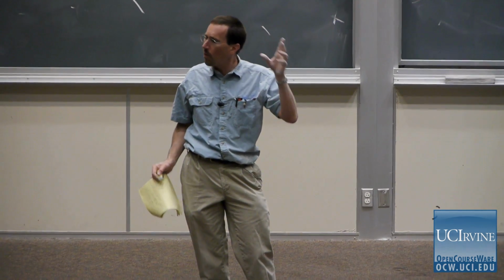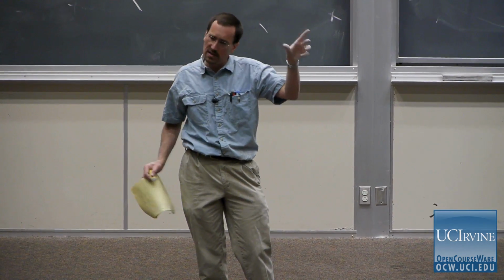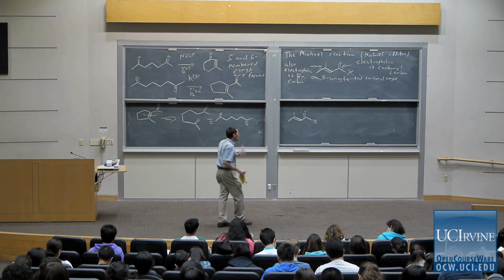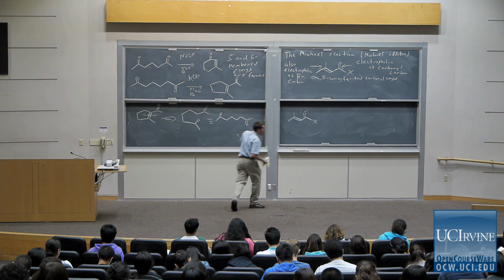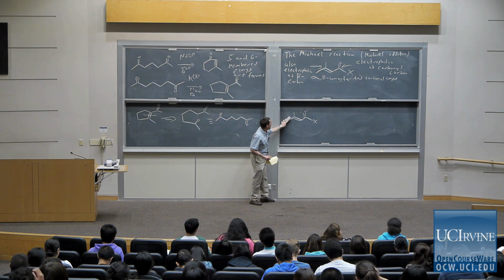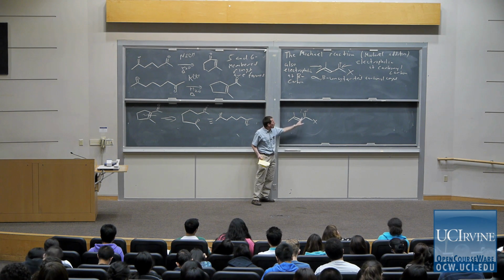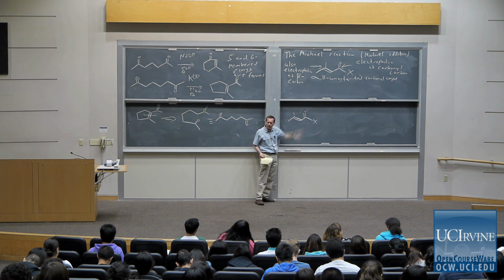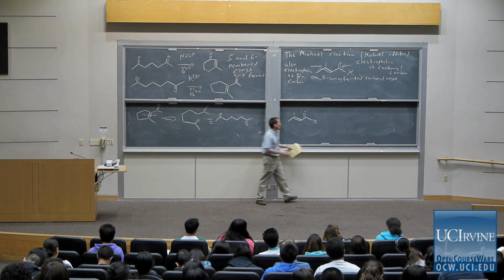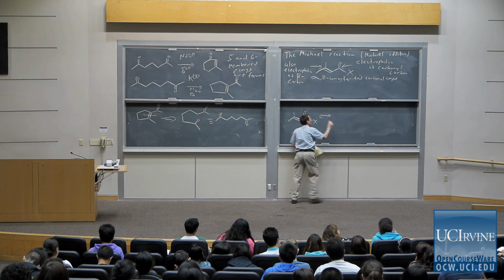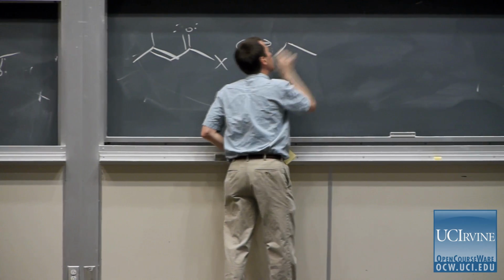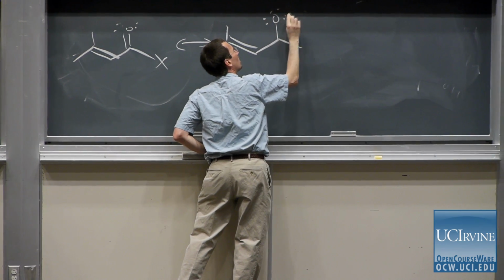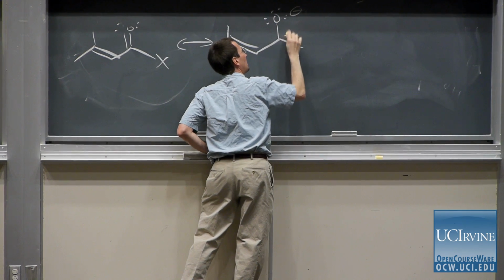So even though there is a covalent bond between the oxygen and the carbon, you don't share electrons quite equally. The electrons spend a little more time near oxygen and a little less time near carbon. And so we can write a second, minor resonance structure that reflects that reactivity.